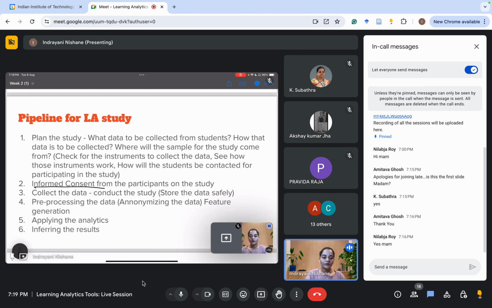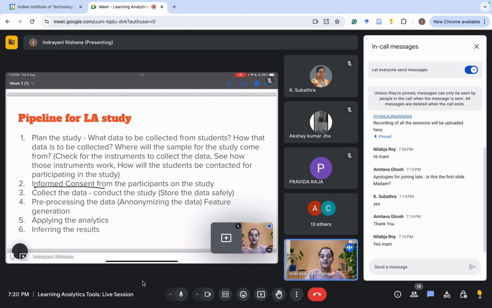I am from a computer science background, and I have taught computer science courses for a couple of years, so my domain knowledge helps me link the actions which students are performing in PyGuru to their learning or their programming efficiency. Likewise here, in inferring the results, our learning analytics domain knowledge comes into the picture, and our actual domain knowledge, the domain in which we have studied, also comes into play.